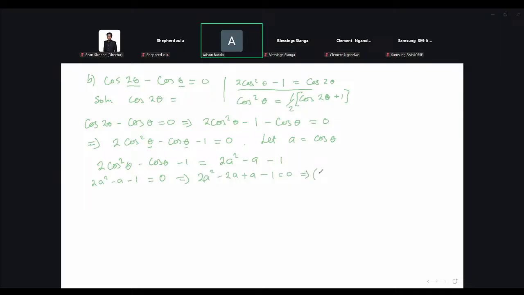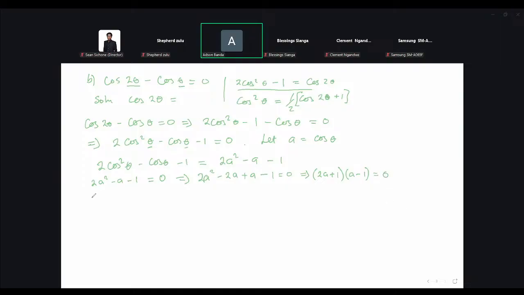And so the rest you can do. So you have 2a plus 1 times a minus 1 is equal to 0. Let me just finish this up before I do any substitution.